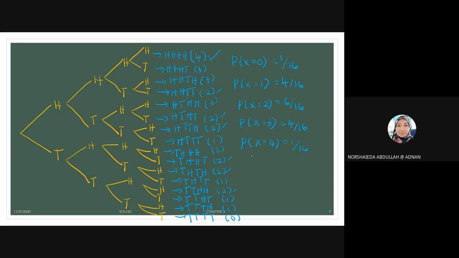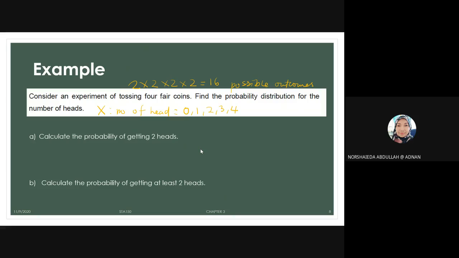Okay, or the probability distribution we can also present as a table. Probability distribution table. For discrete variables, we can present the probability distribution in the form of a table. So if we want to make the table, it looks like this. Table, and then we have x and the probability of x equal to x.